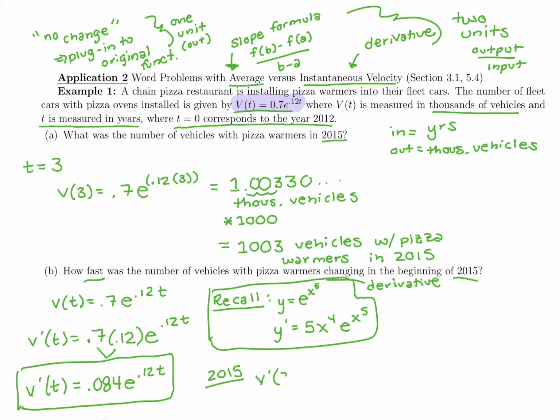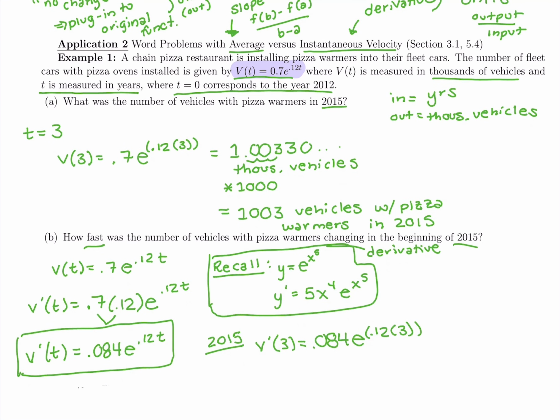So we're going to plug in v prime of 3, which is 0.084 e to the 0.12, and we're going to replace that t with a 3. Which gives us, plugging into my calculator, 0.12039967. Let's just keep going.